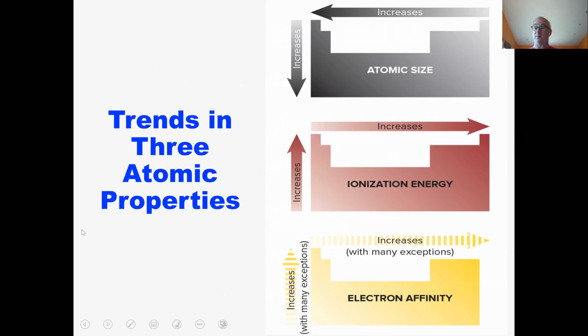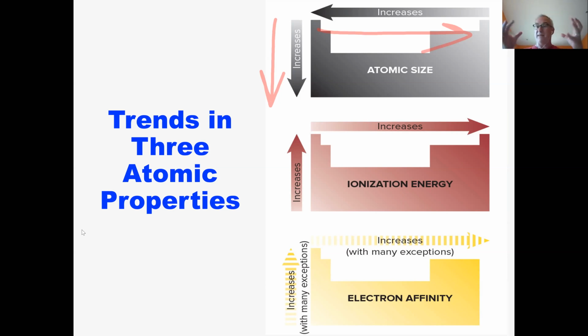So these are some of the trends we've been looking at so far. Remember from the lab some of us did, we were looking at the trends in atomic size. As we go down a group, it makes sense that every time we go down a group, we add a shell. So we go 1, 2, 3, 4, 5, 6. It just keeps getting bigger and bigger. What didn't make sense at first is that when we go across the periodic table, those atoms are getting heavier at least, but they're not getting bigger.